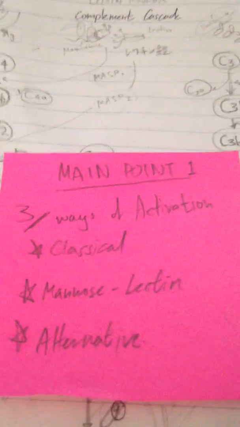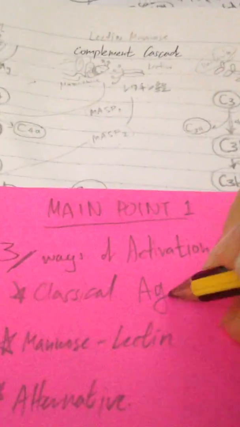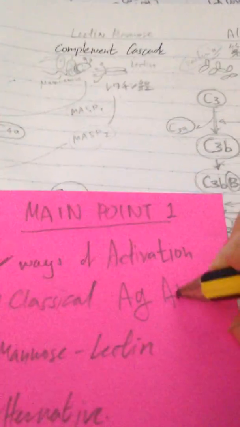So just to summarize everything, main point 1: three ways of activation. The classical pathway, just remember that the classical pathway needs an antigen and antibody complex, and it starts with the complement C1qrs complex. Okay.